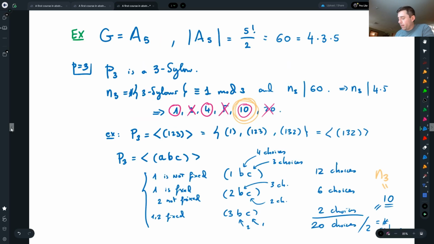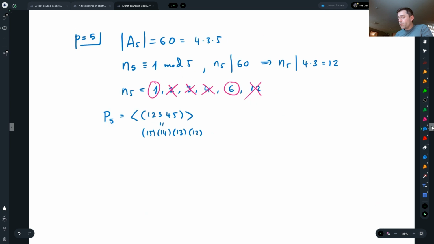I didn't check that here, but elements of order 3, like (1 2 3), are also in A5, the alternating subgroup. That will be important when I talk about the Two-Sylow subgroups. So this is in A5 because it's generated by an element of A5.